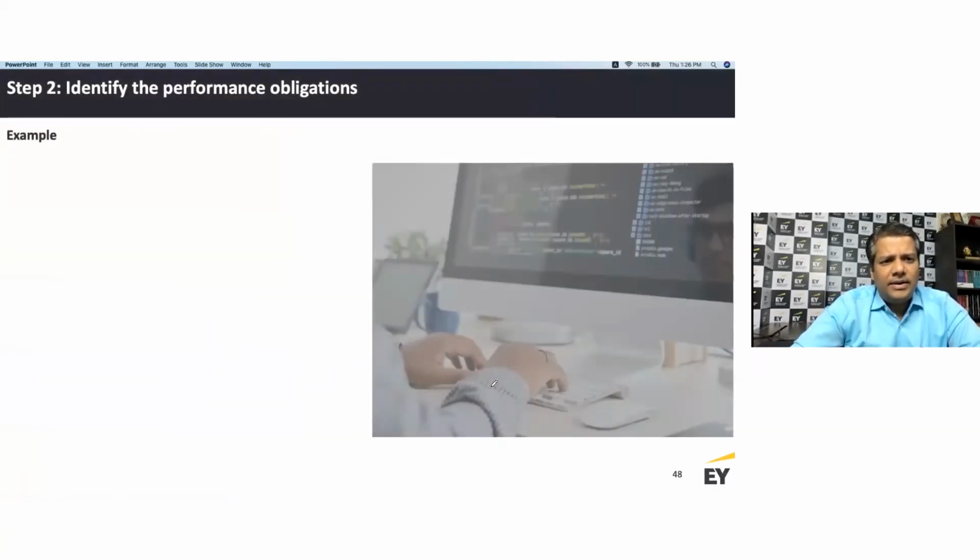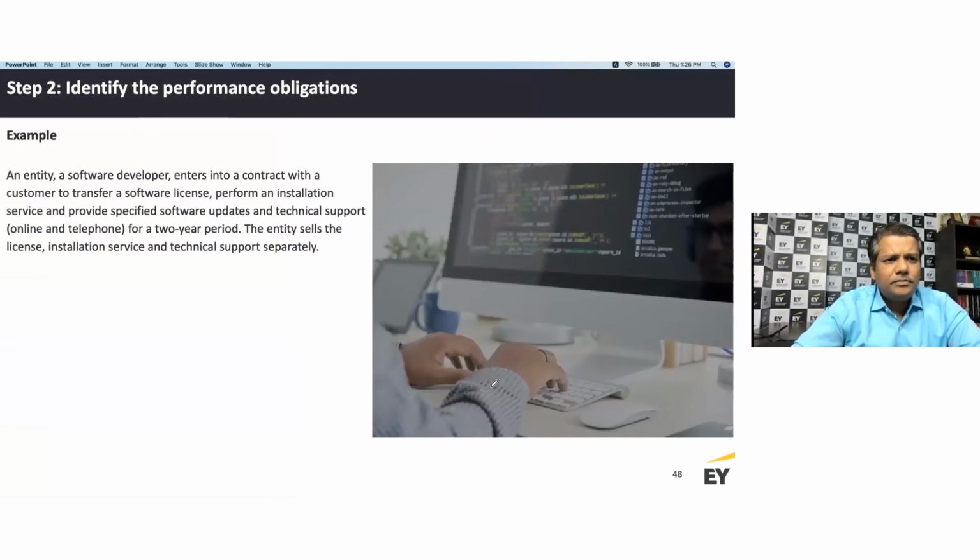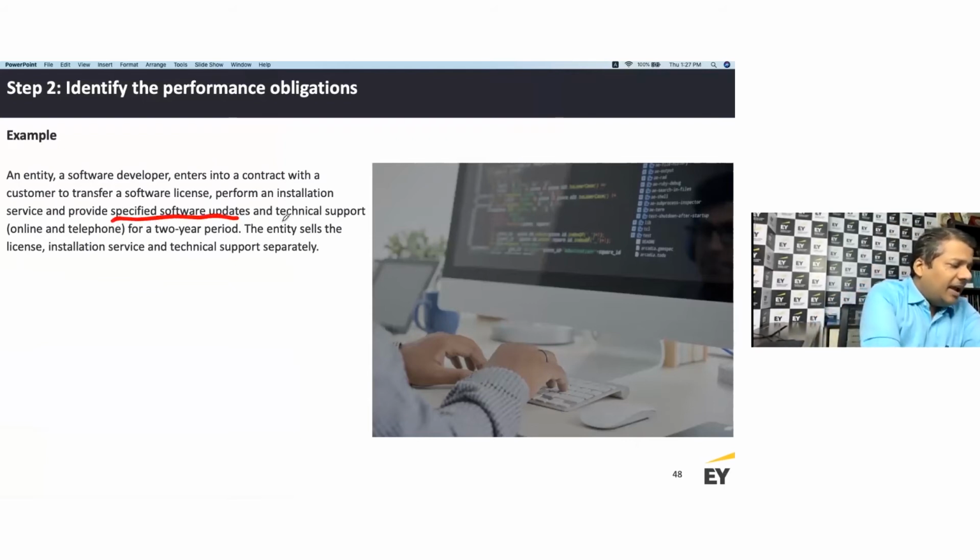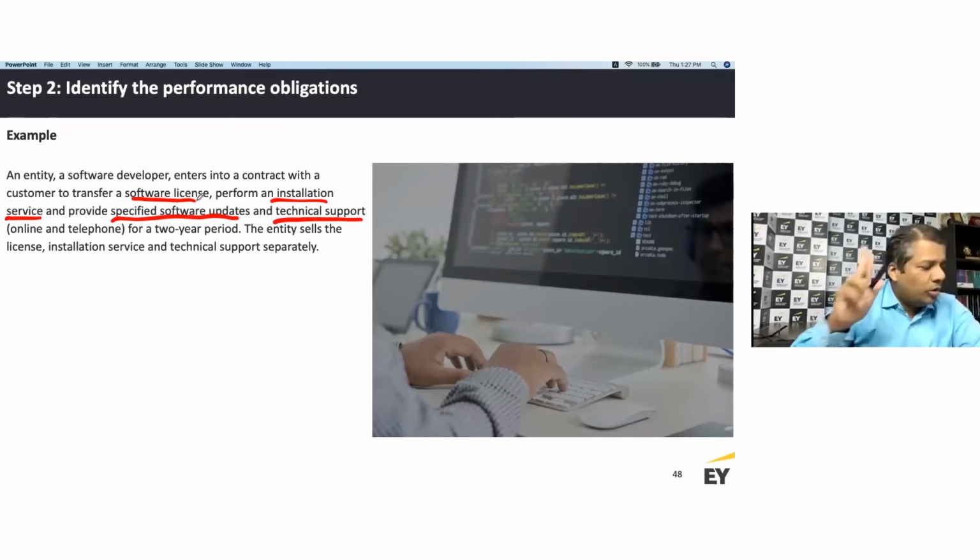Let's look at another example. Now, a software developer enters into a contract with a customer to transfer a software license, perform an installation service, and provide specified software updates and technical support for a 2-year period.